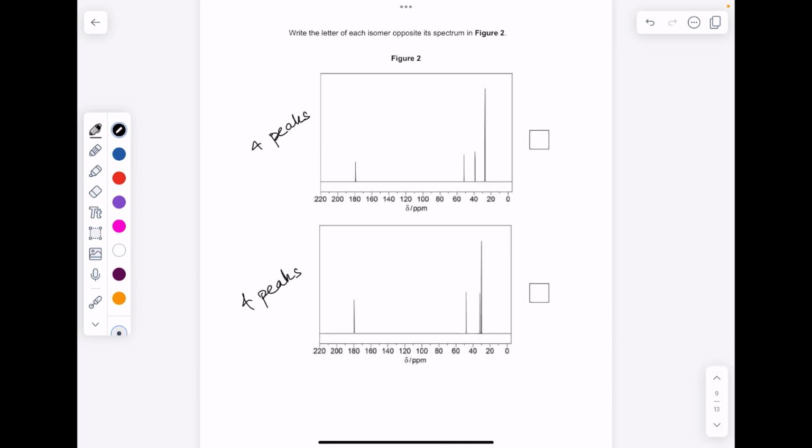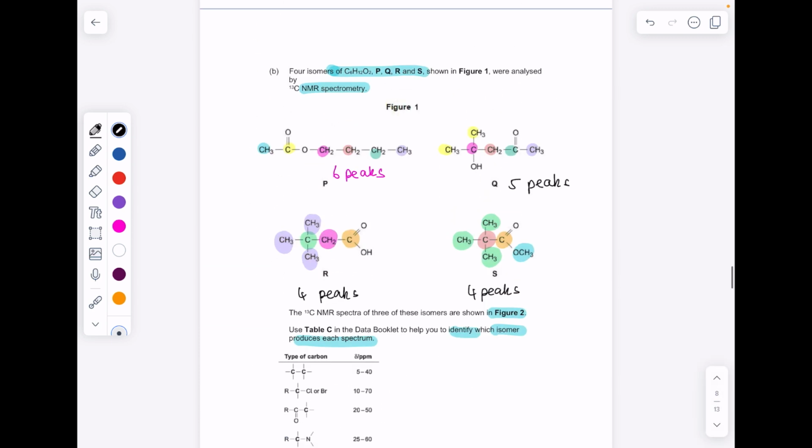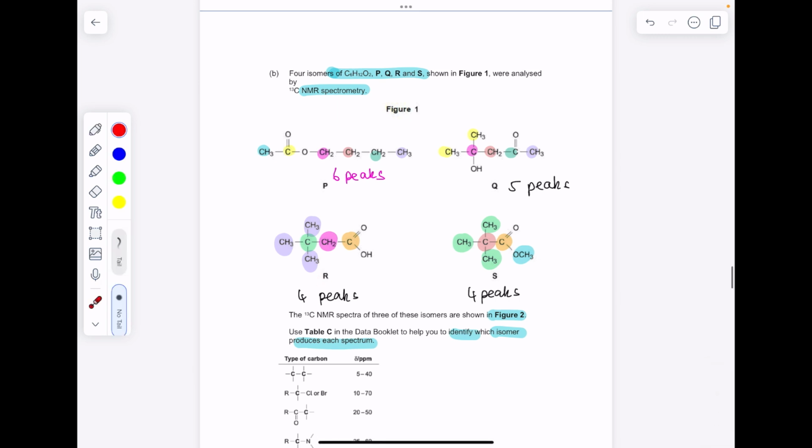This is obviously trickier because we have 4 peaks for both. 2 options here with 4 peaks, R and S. So now we need to try and differentiate between the 2. Now looking at the major differences, you've got a carboxylic acid versus an ester down here. Let's just have a look at this ester.